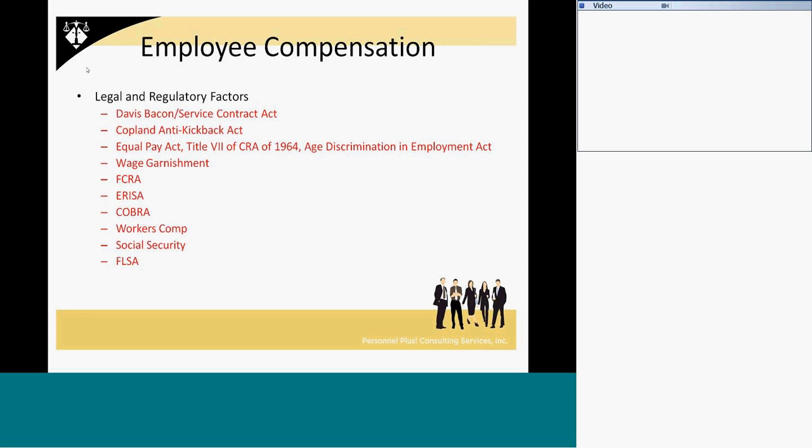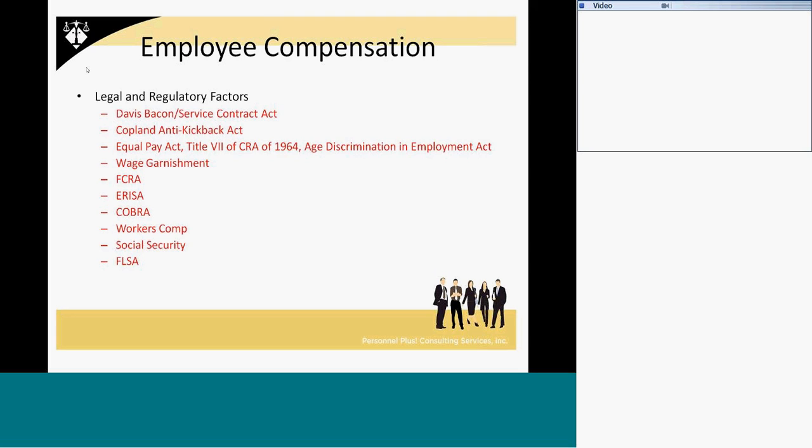Workers' compensation is a required insurance program to protect employees from injury on the job, and it provides both lost wages benefits and payment of medical benefits for covered injuries, and in some jurisdictions, for things like occupational diseases, like black lung disease, that might make it difficult for somebody in the coal mining industry to continue working.